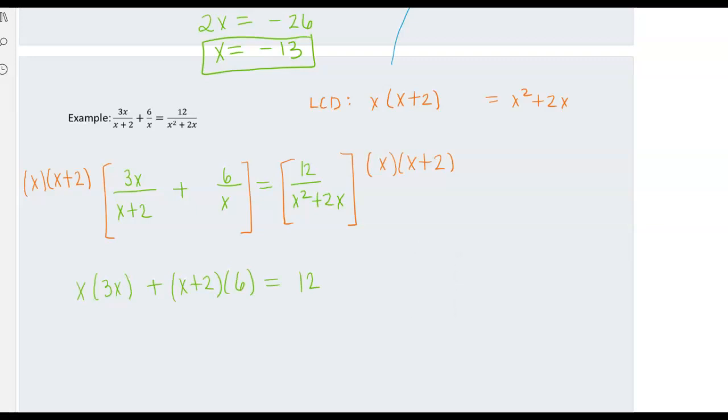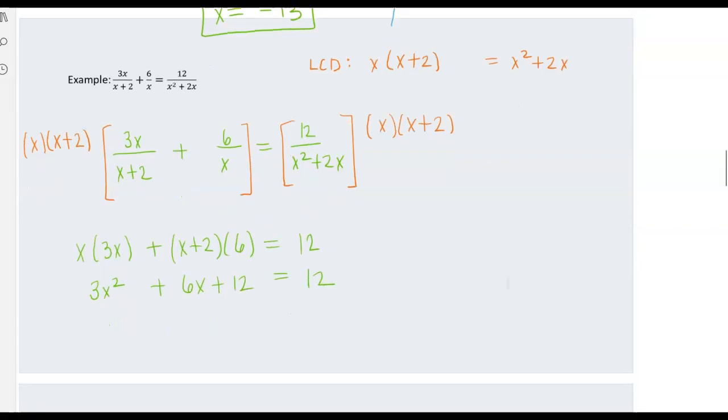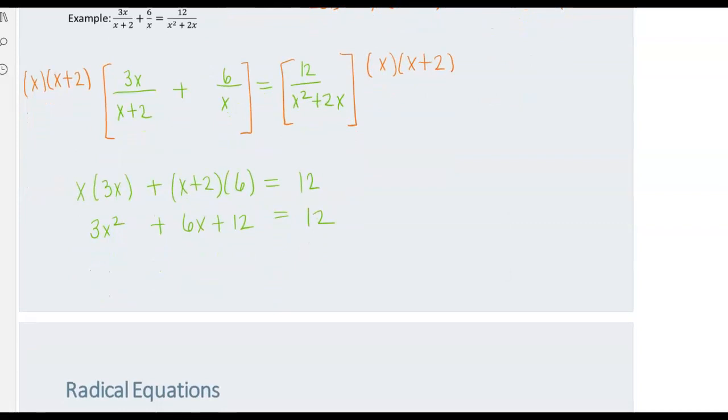All right, multiplying this out, it looks like we've got a 12 on both sides that'll cancel. So I have 3x squared plus 6x equals 0.